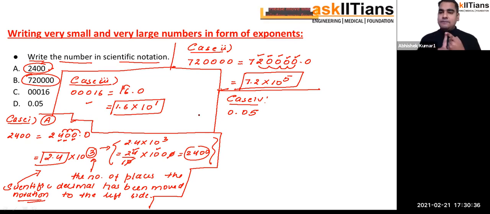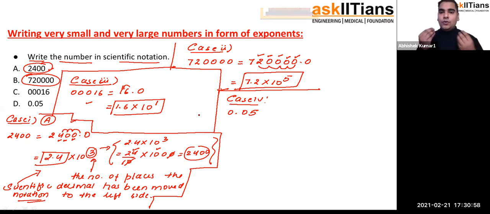If you talk about example 1, example 2, or example 3, in all the three examples we were moving decimal by some places on the left hand side. Here the situation is a bit different. Here you need to move that decimal by one position or maybe 2 points, but on the right hand side.